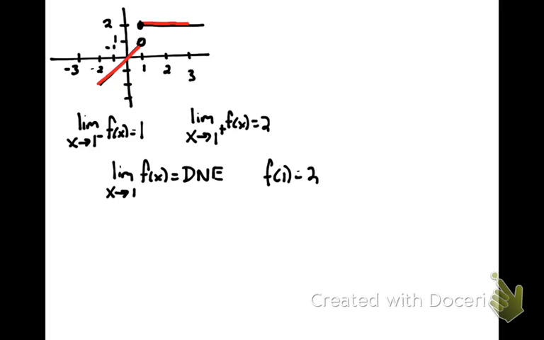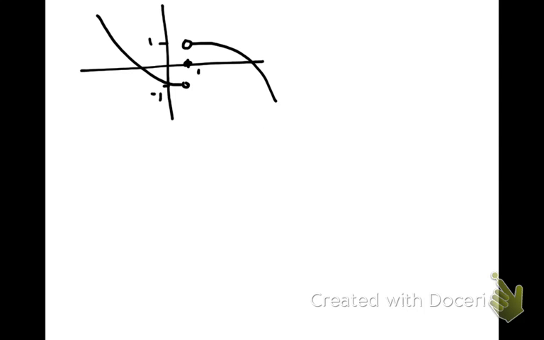Let's consider a different example. Here is a different function, and the limit as x approaches 1 from the left of this function appears to be -1, because as our x values from the left get closer and closer to 1, the y values are getting closer and closer to -1.